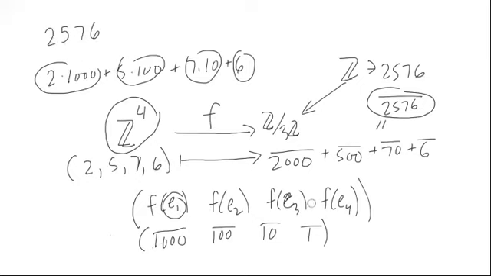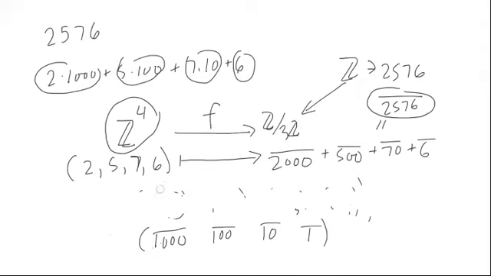So if we think about what that would look like, it would look like a matrix multiplication on the right, with 2, 5, 7, 6. It's simply going to be 1,000 mod 3 times 2 plus 100 mod 3 times 5, 10 mod 3 times 7, 1 mod 3 times 6.